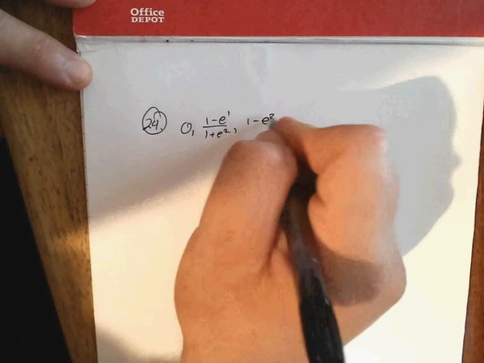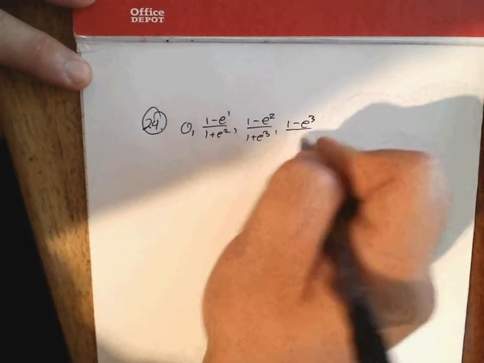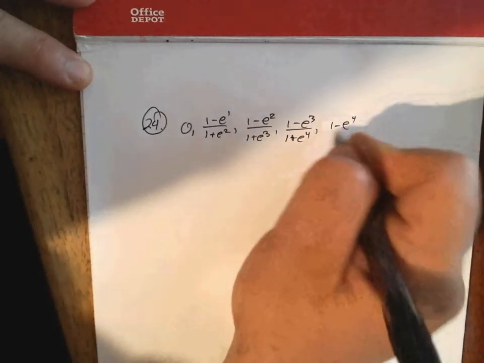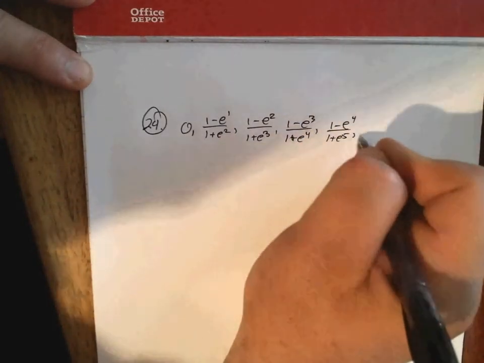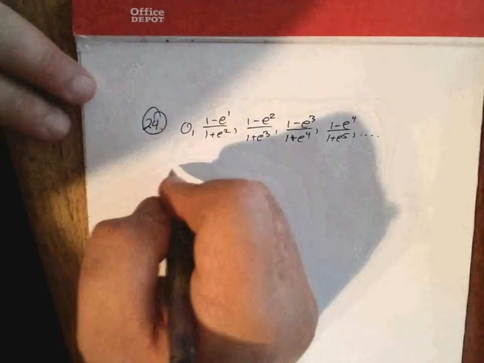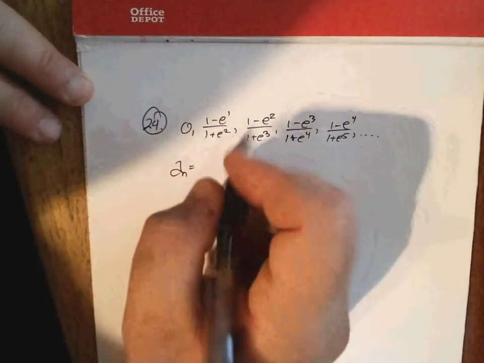Next term, (1 minus e to the 2) over (1 plus e cubed). Next, (1 minus e cubed) over (1 plus e to the 4th). Next, (1 minus e to the 4th) over (1 plus e to the 5th). And that's all they give us. That's more than enough for us to see the pattern here.